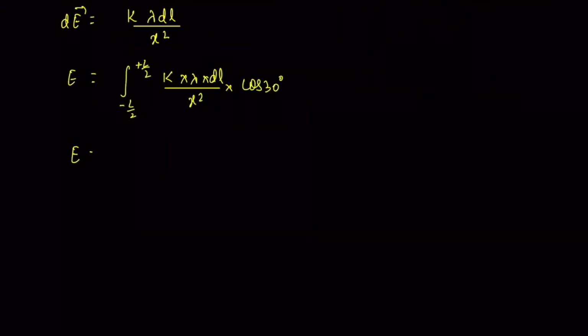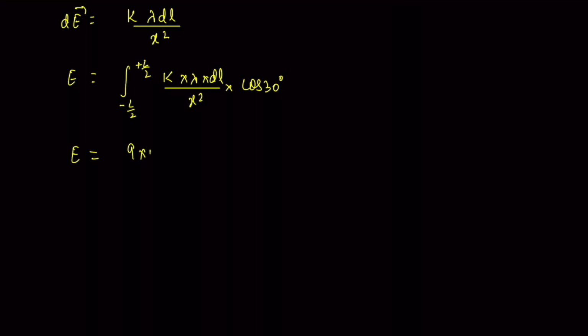Now we can write E is equal to 9 into 10 to the power 9. Lambda is charge per unit length.